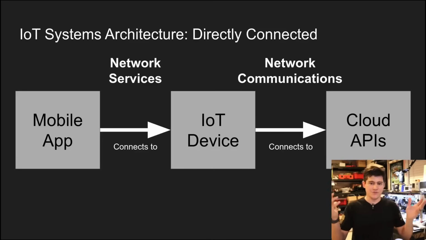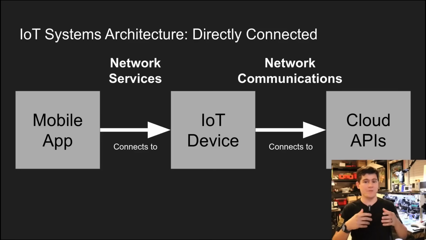Think of your Wi-Fi router at home. It probably has a web server on it that you can use to configure that device. In enterprises, again, oftentimes there's going to be a graphical user interface in the form of a web application that runs on that IoT device and allows you to configure it and do everything you need to do to manage that device.